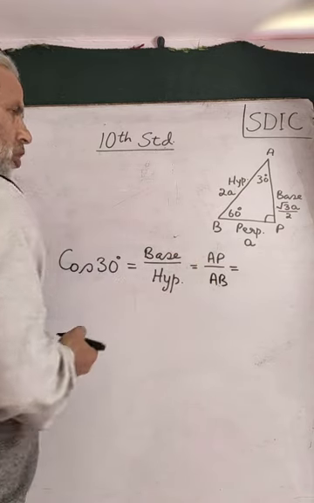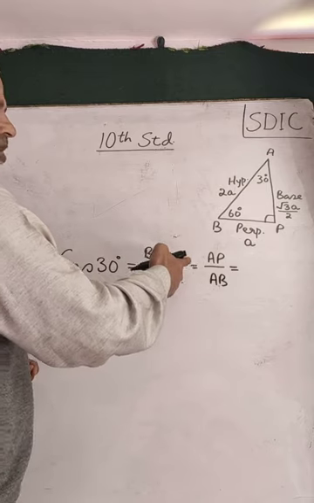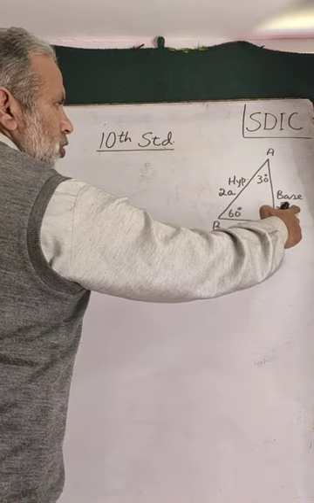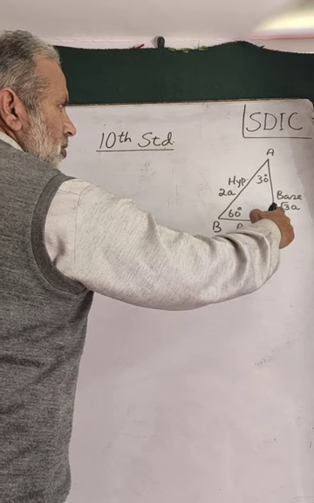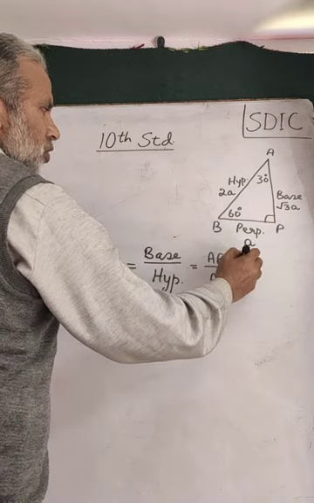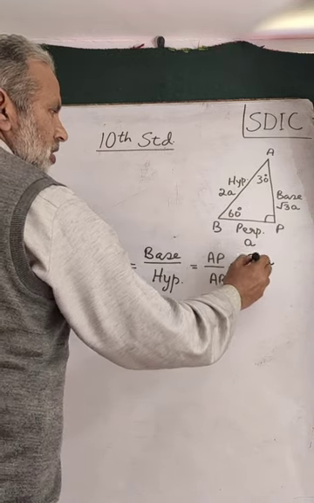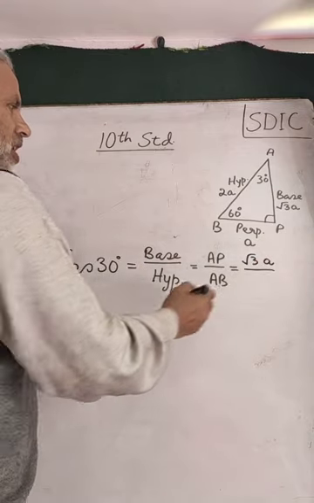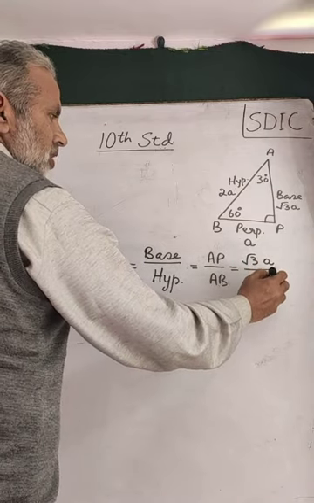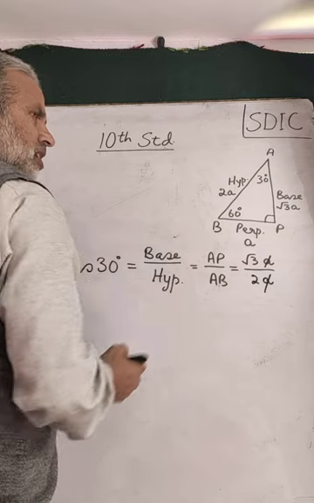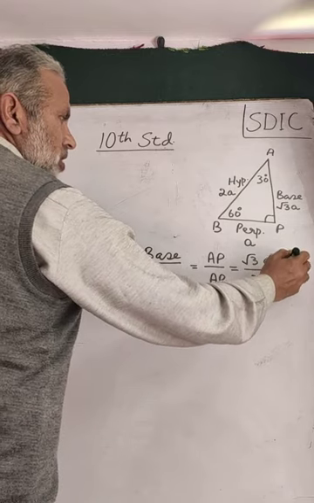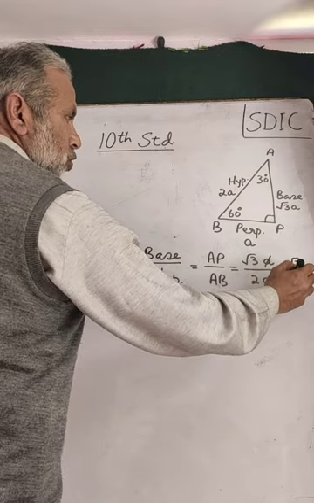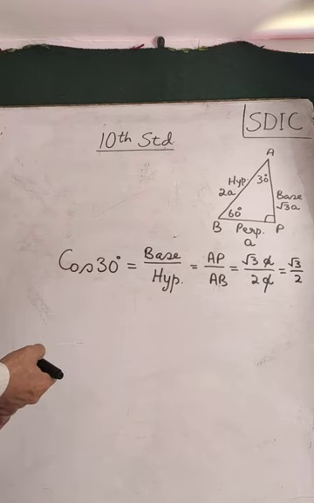Let us use their values. AP, yes, it is under root 3A only, not under root 3A by 2. Under root 3A divided by AB is 2A. Here A will cancel with A. Thus the value is under root 3 by 2. This is the value of cos 30.